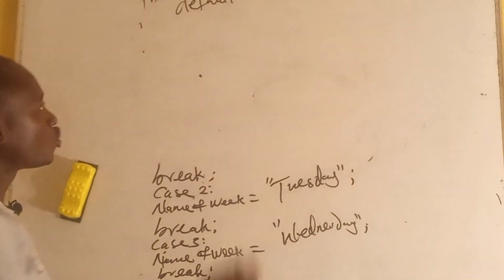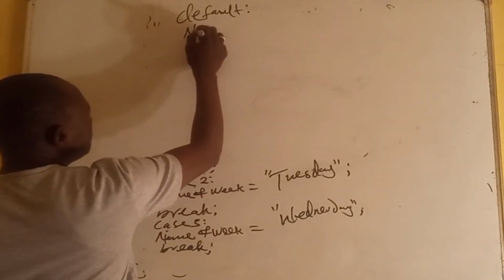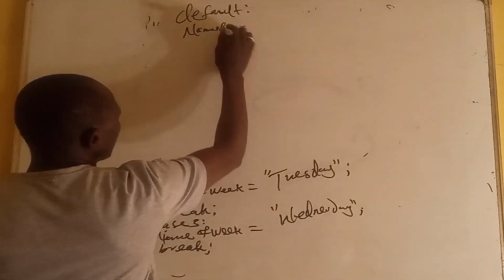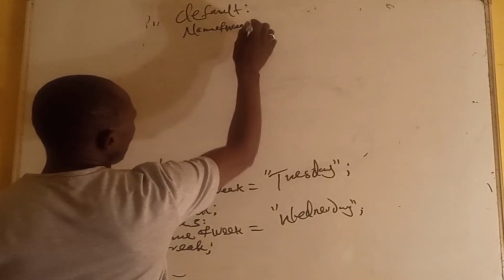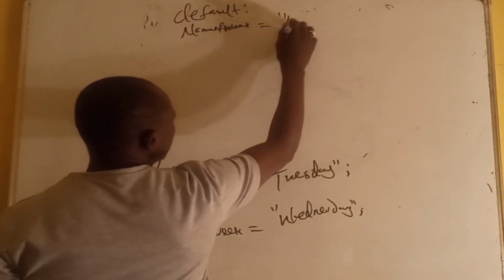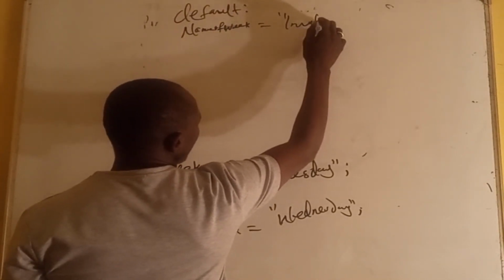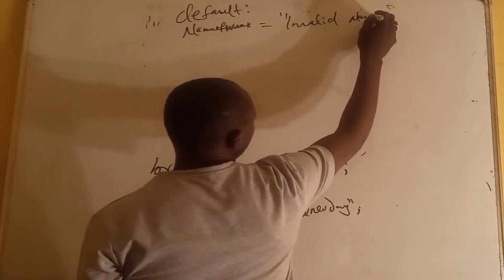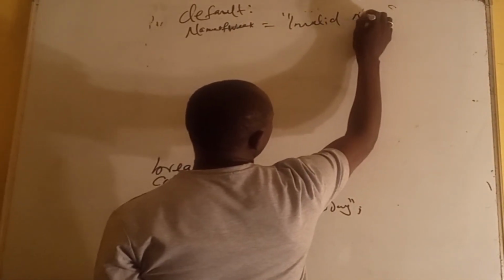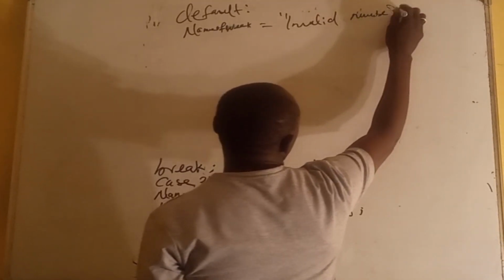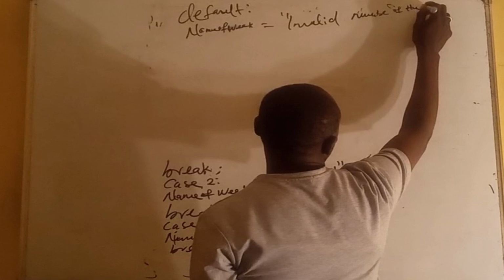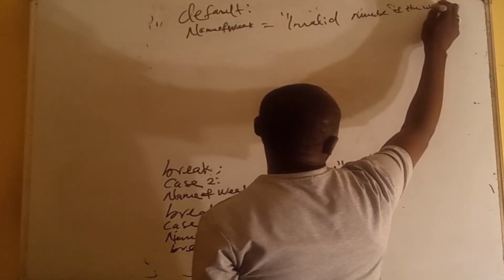Are we together? So we said now name of week concatenated, please. Name of week is equals to invalid. This is what we want to display: invalid name or number, invalid number of the week, right?